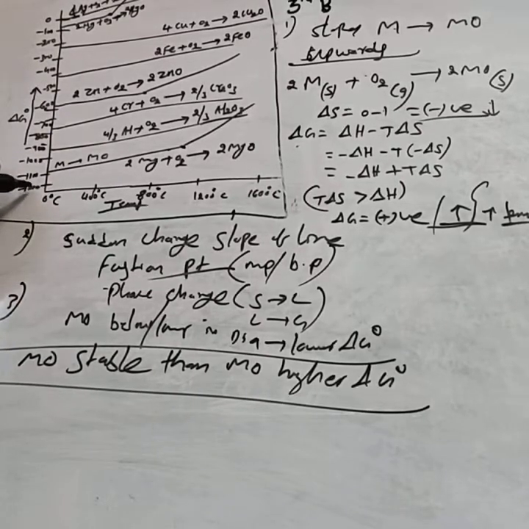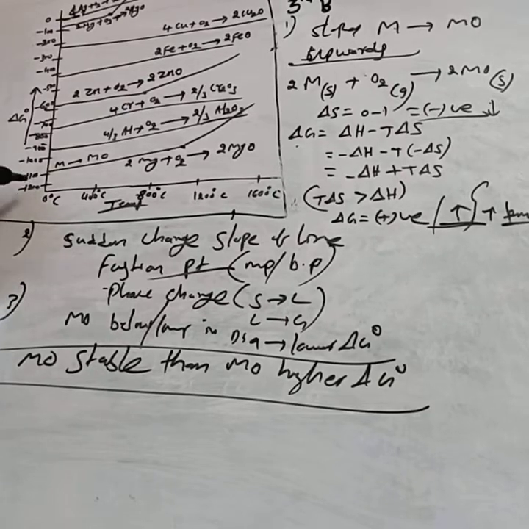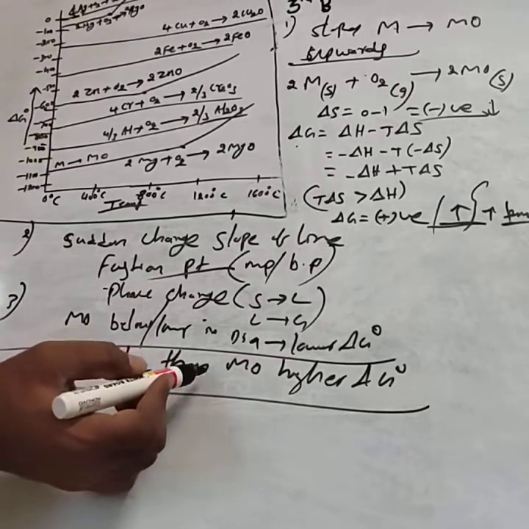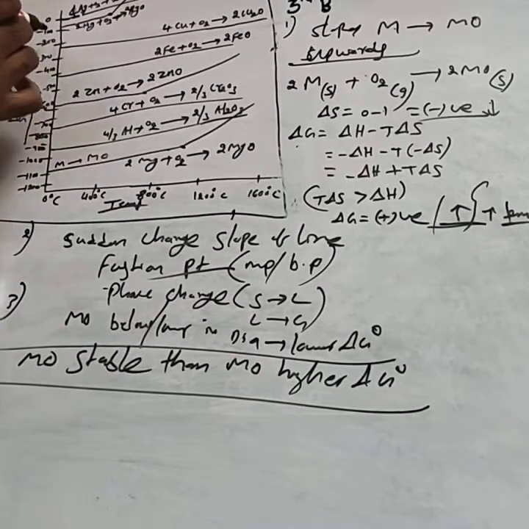Observe the Ellingham diagram, the delta G naught value goes from minus 1200 to 0. That means a higher negative value means it has a lower delta G naught. Metal oxides with a high negative delta G naught are more stable than metal oxides with a less negative delta G naught value. This is the third one.